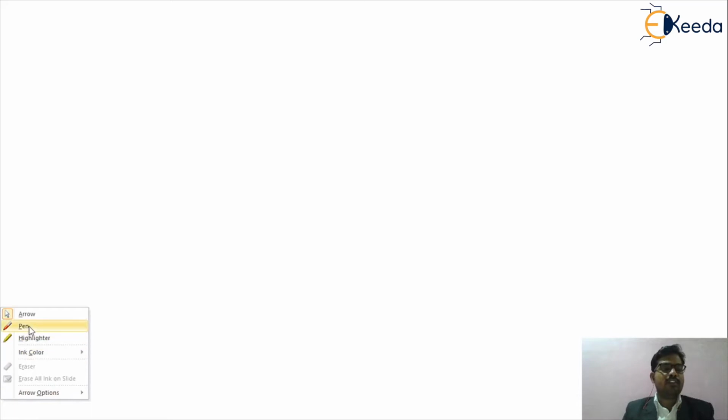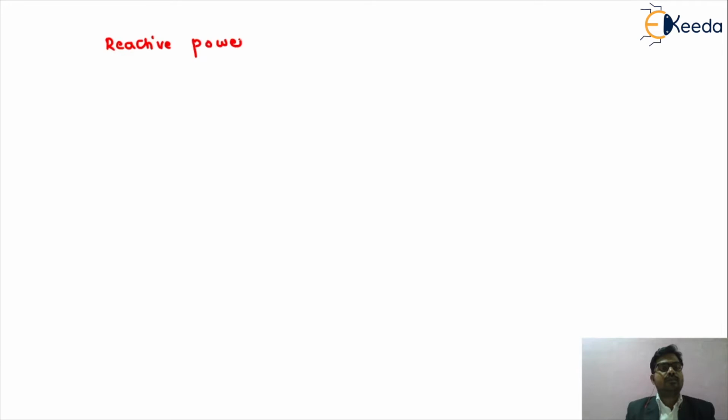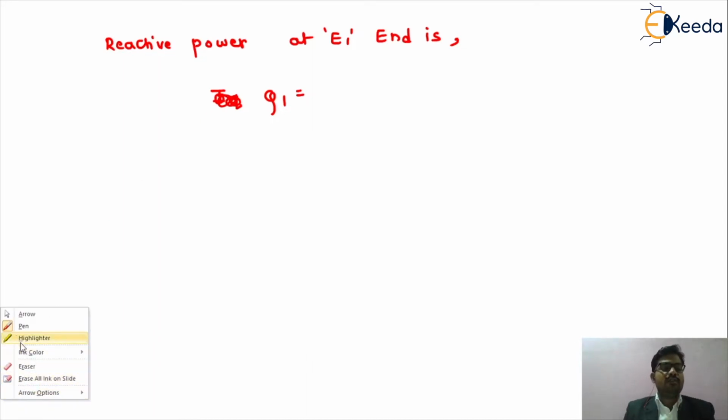So for the value of the reactive power, I can write this term: reactive power at sending end is given by Q1. What will this term Q1 suggest?